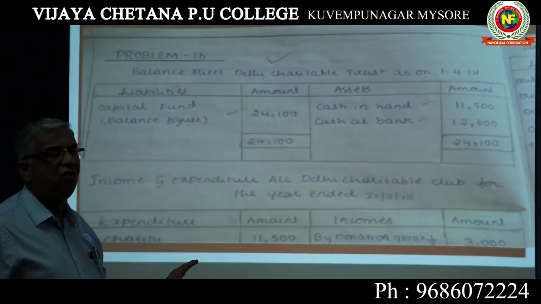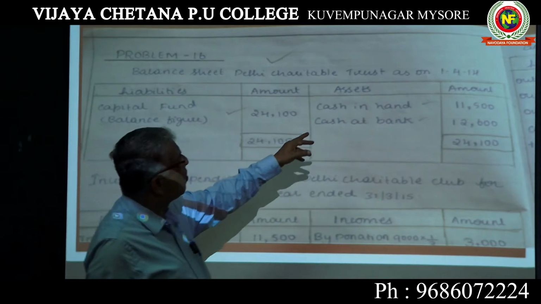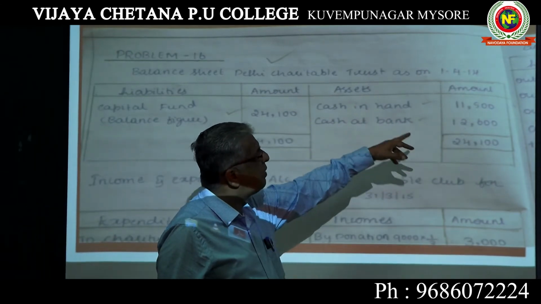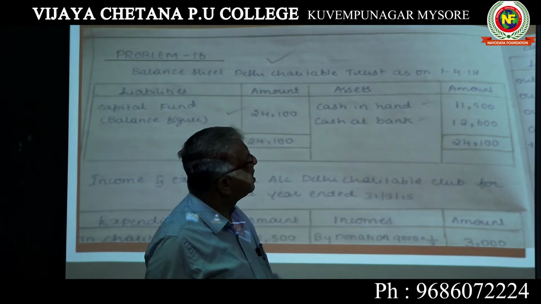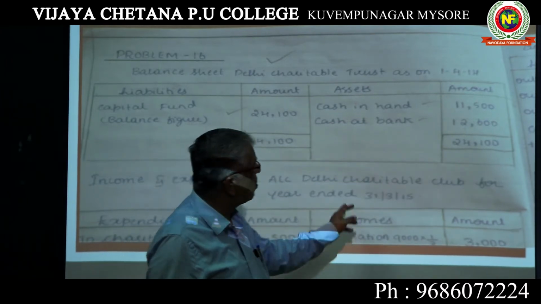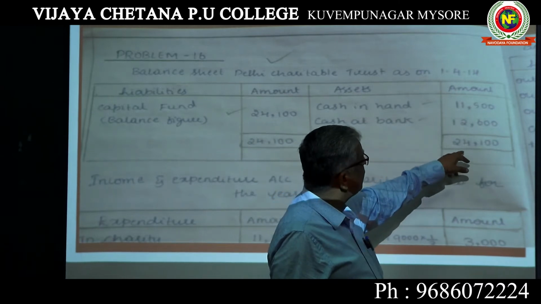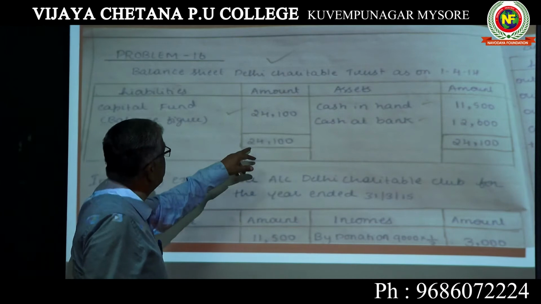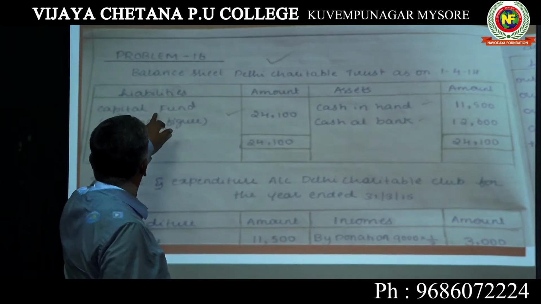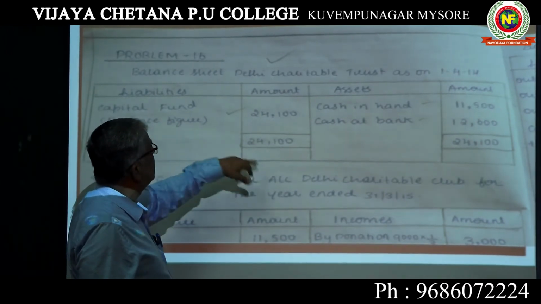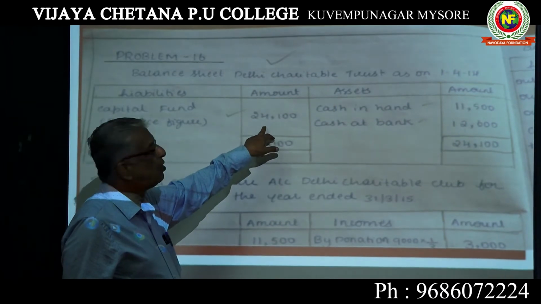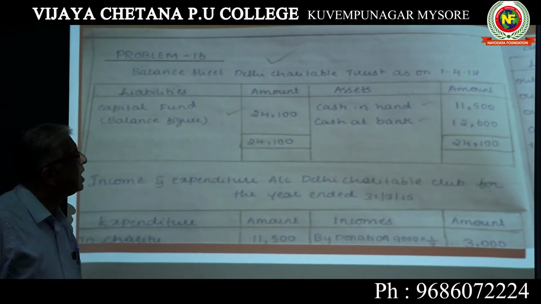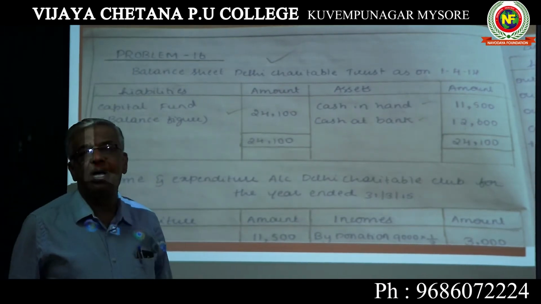So the opening cash in hand 11,500 and cash at bank 12,600 total 24,100. You put this 24,100, and this itself is the capital fund, the balancing figure, with no liabilities. So the capital fund is 24,100, students.